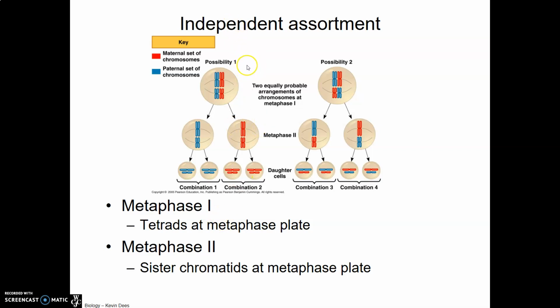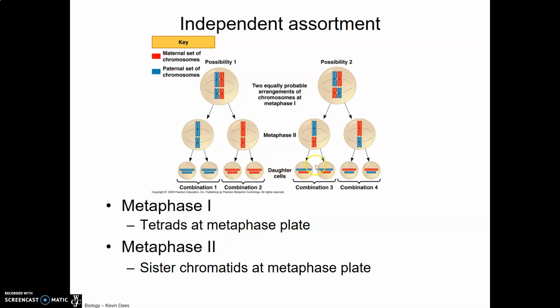So the chromosomes all sort independently. And if you think about it, we have 23 pairs of homologous chromosomes in a human. So each one of those pairs will sort independently of one another during metaphase 1 as tetrads and during metaphase 2 as sister chromatids.